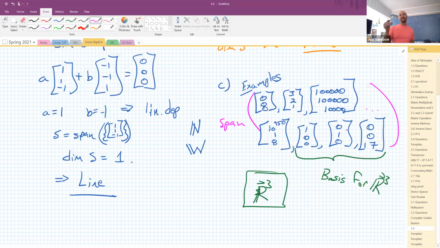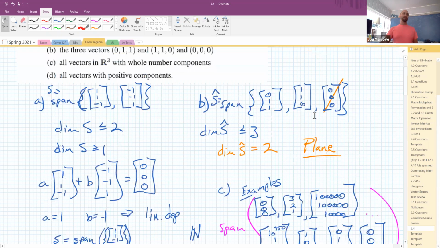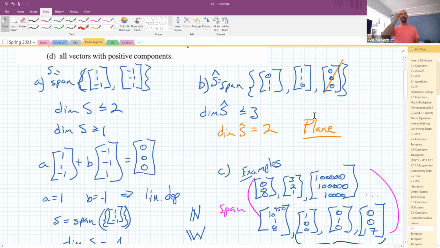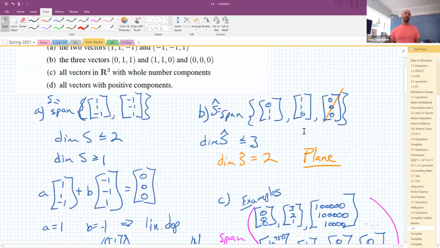But at the very least, they contain a basis, and so it must be everything. So if I ask that same question for all vectors with positive components, really what I'm asking is, can you make a basis for R3 where all the vectors have positive components? So does this standard basis have that property?